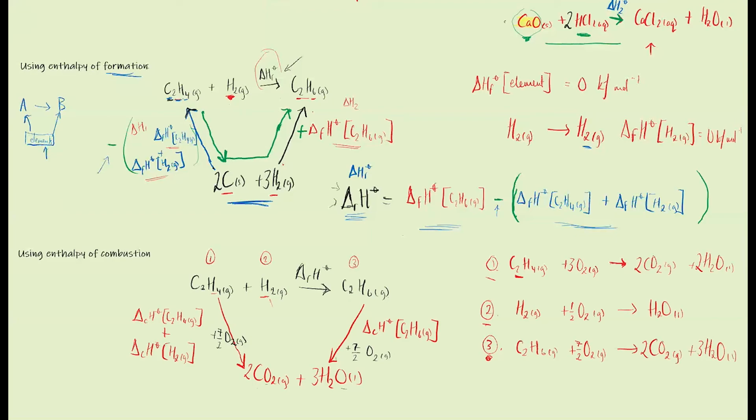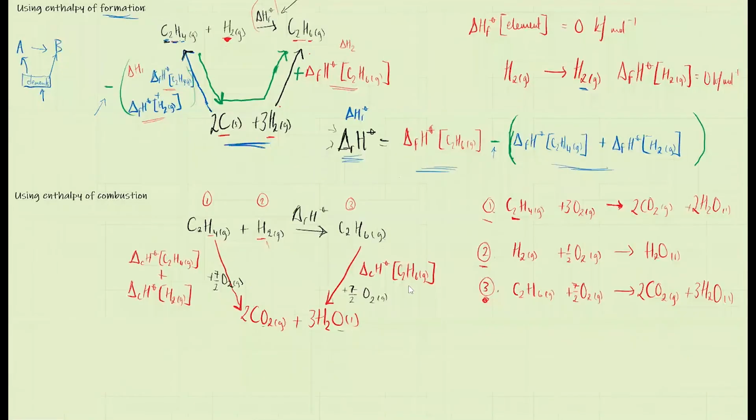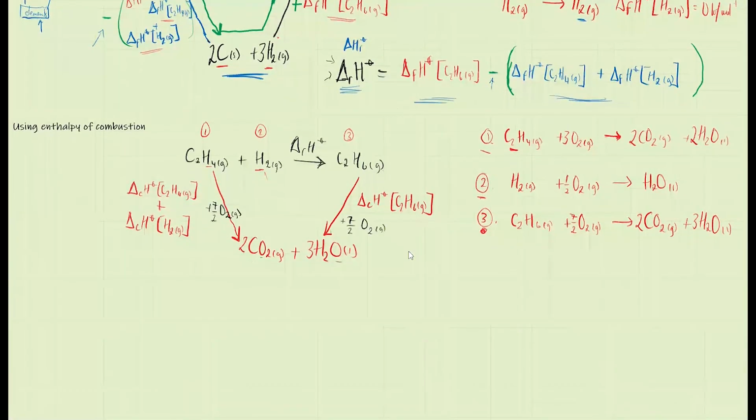Now, I'm just going to move this up a little bit. Right, now how can I get the descriptor for my delta HR? How can I calculate delta HR if I had these values on the left and right?